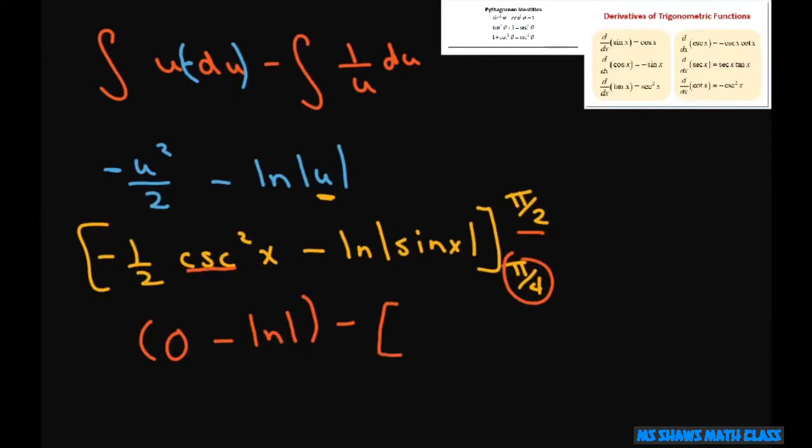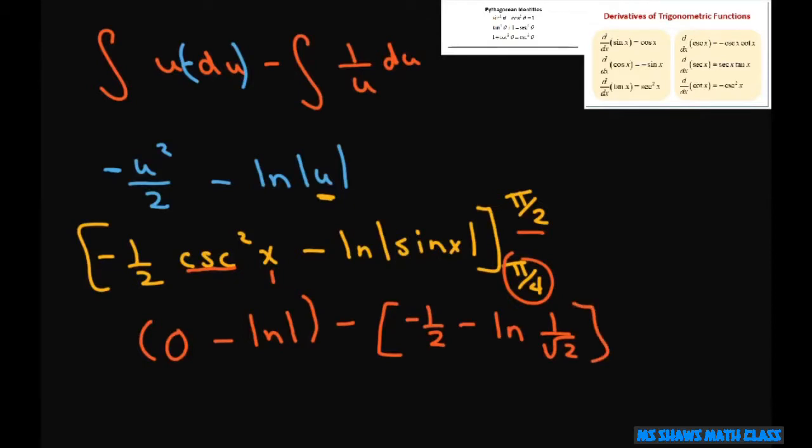When you plug in pi over 4, cosecant squared gives you 2, so that's going to be negative 1 minus ln of sine of pi over 4, which is square root of 2 over 2, or you can just call it 1 divided by square root of 2.